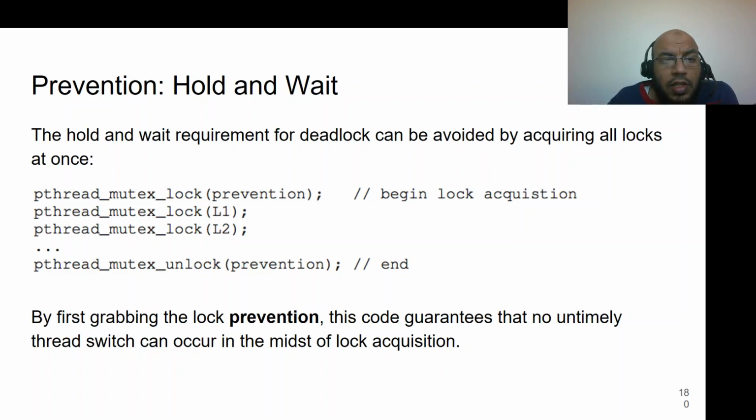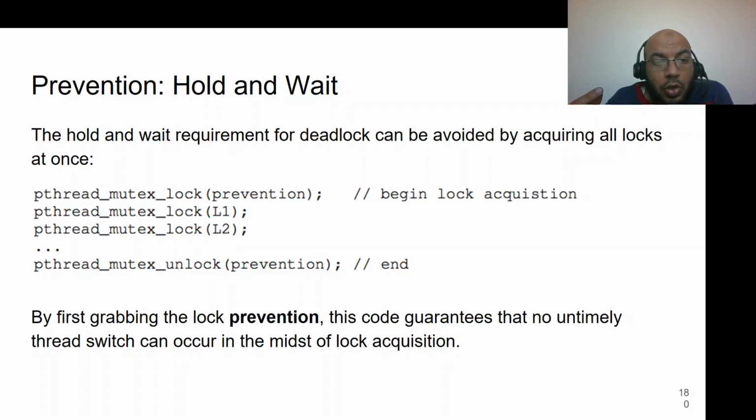The second one is that the hold and wait requirement for deadlocks can be avoided by acquiring all locks at once. So you try to acquire all your locks at once, by first not allowing anyone to acquire any locks except after acquiring the prevention lock.